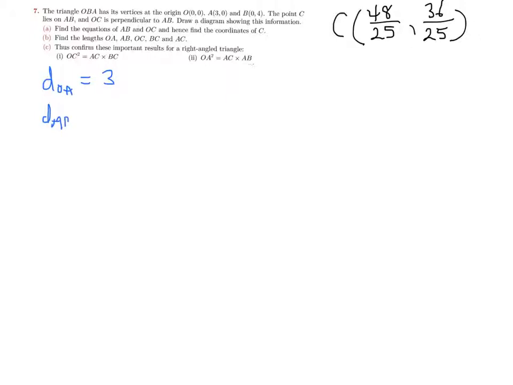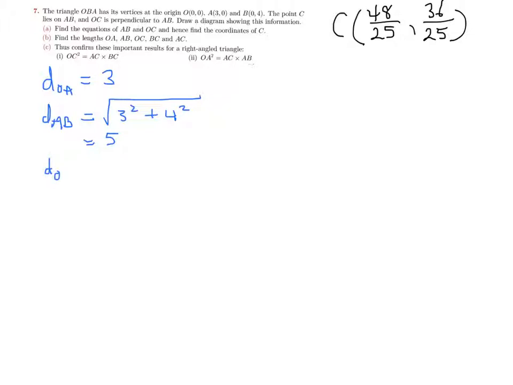Well, we could use the distance formula, but it's probably easy just to notice we've got a Pythagoras question, so it's just the square root of 3 squared plus 4 squared, which if you know the common 3, 4, 5 triangle is just going to be 5. That's easy. Now, the rest is a tiny bit harder.